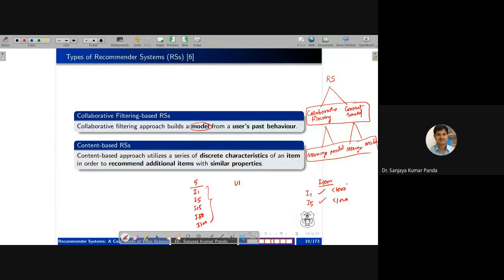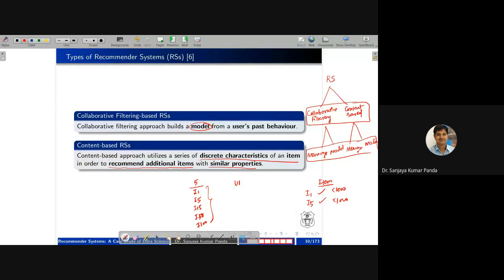Why do we look into these characteristics? Because we are going to suggest additional items based upon the discrete characteristics of the existing items. You have to recommend additional items having similar properties to those items taken earlier or purchased by that particular user.